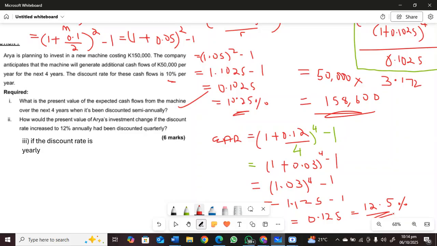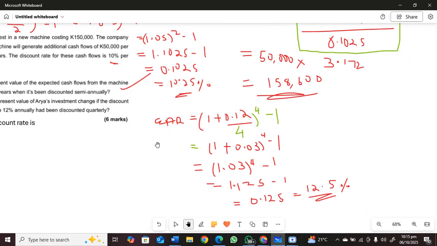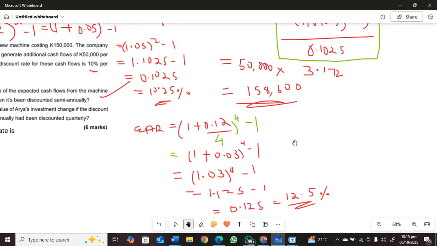So now we've matched the compounding of the discount rate with the payment period. Because remember, the effective annual rate brings it to a year's rate after you take compounding into effect.